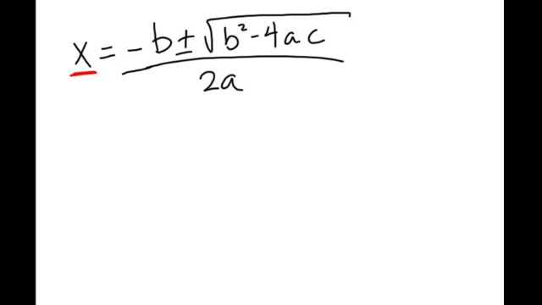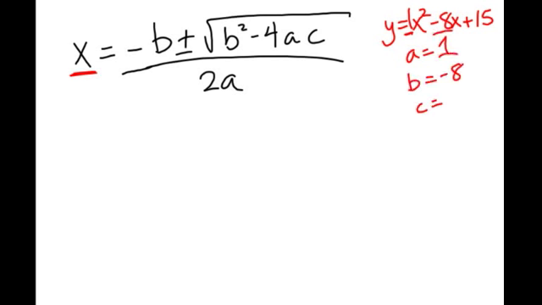I've got a b, an a, and a c, so let's see. Y equals x squared minus 8x plus 15. A would be the number in front of the x. Since there's no number there, we could just put a 1. B is going to be that, negative 8. C is going to be that, 15.